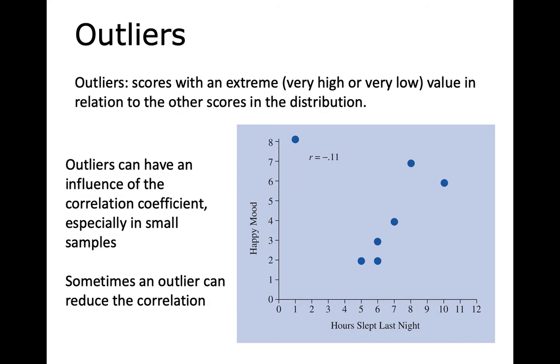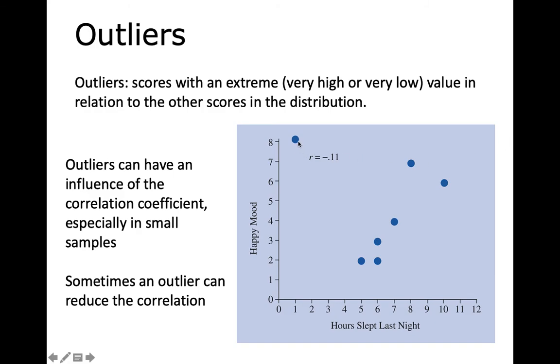So when there's only a couple data points, a single score that is an outlier can really affect the correlation.